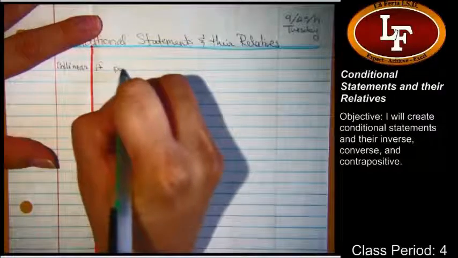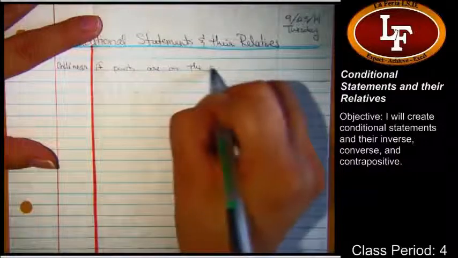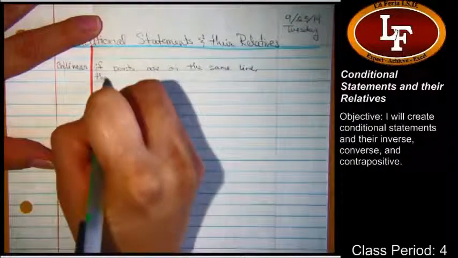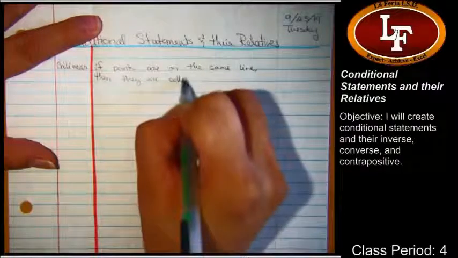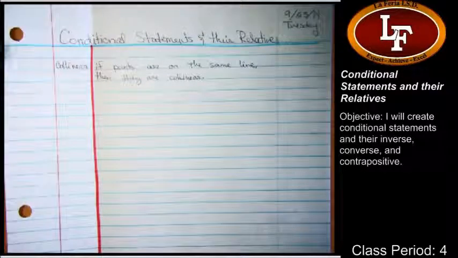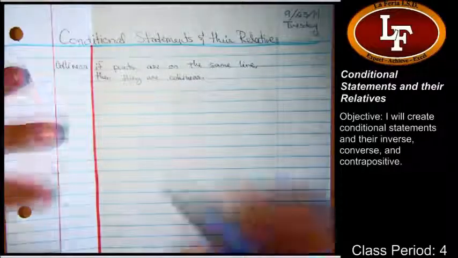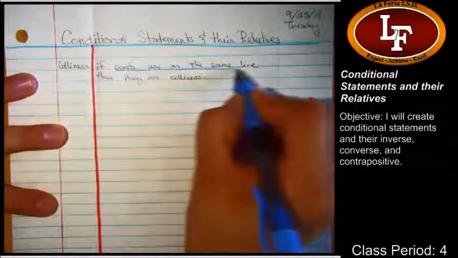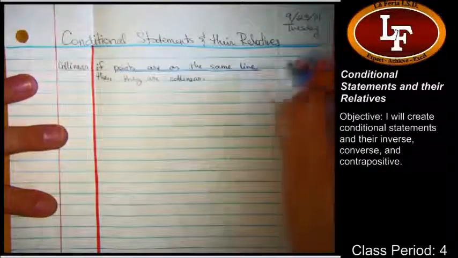If points are on the same line, then they are collinear. If you're using different colored pens or highlighters, now's the time to break them out. If you're not, that's okay. I'd like you to underline this first portion of the sentence. Do not underline the if, okay? It's everything after the if.